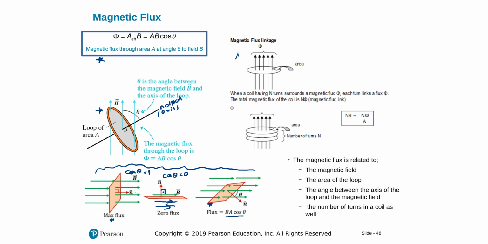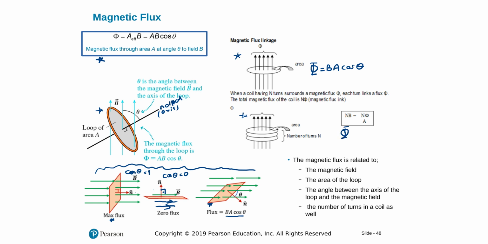The side figure here is showing if I have one loop, I have a flux. As I always calculate, I calculate phi as BA cosine theta, like in the equation you see on the upper left corner. And if I have more than one loop, what I do is I multiply my flux by the number of loops.